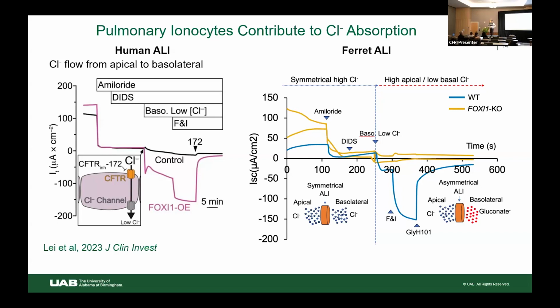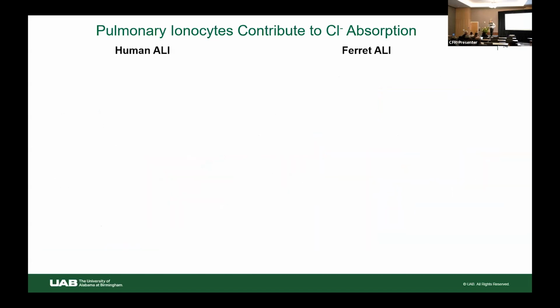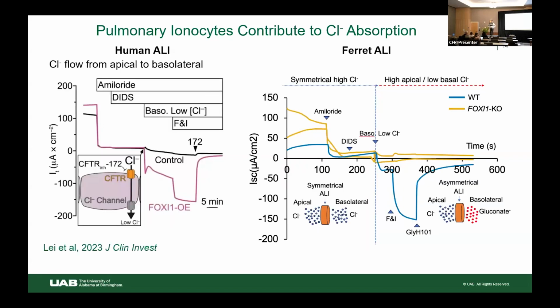Then we made a comparison of the ferret model system to the human model system. We did very similar studies. We put the culture system first into the symmetrical high chloride condition, then moved to a chloride gradient with high apical chloride and no basolateral chloride to make a chemical gradient to drive chloride absorption.